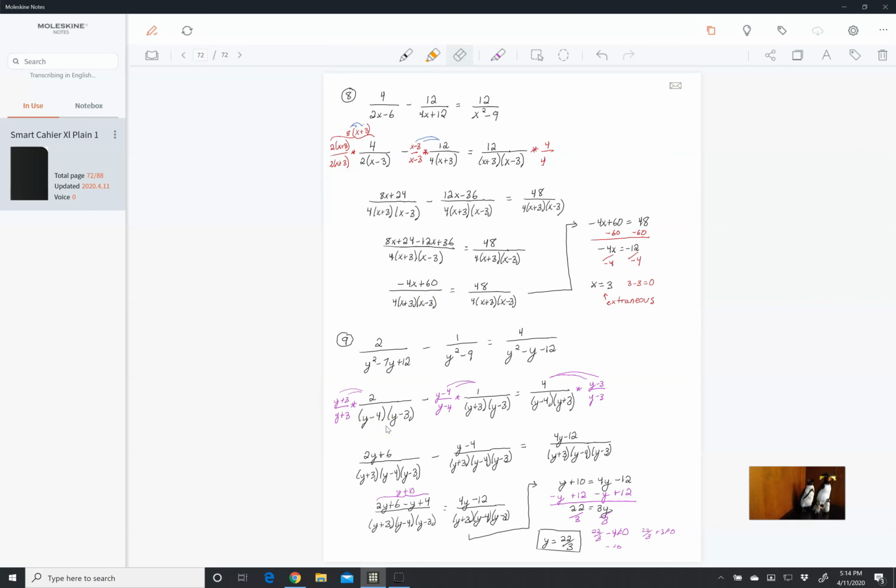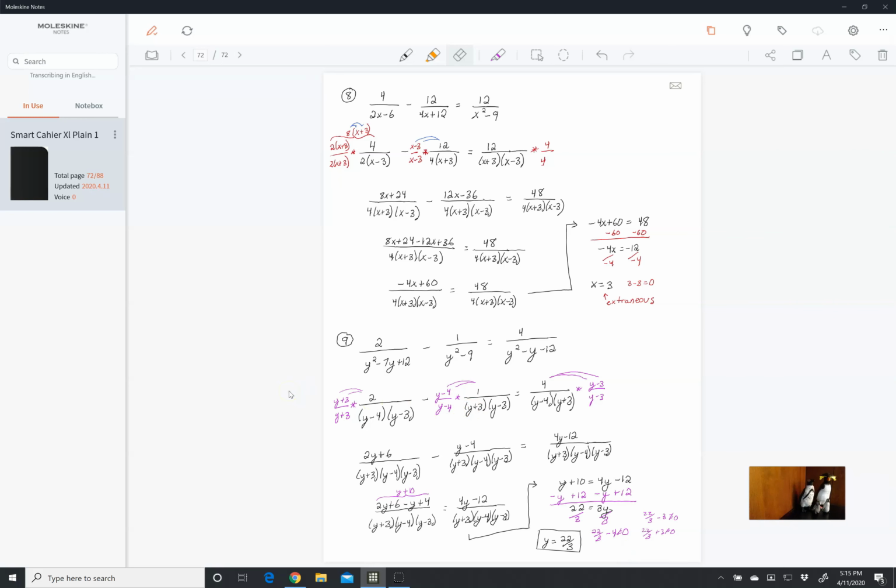Okay, this did not come out. I'm going to put it up here. We're too close to the bottom of the page. Okay, but all you're doing is you're saying, is it going to make it 0? So if we know that 22 over 3 is not 3, negative 3, or 4, we know it's not 0.